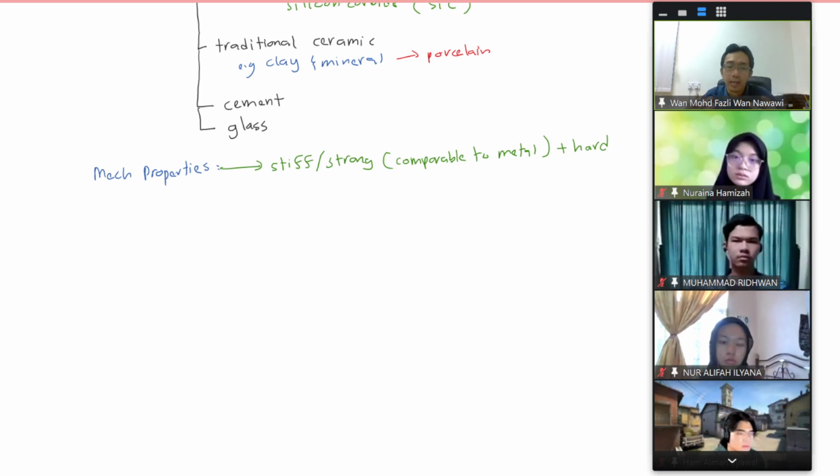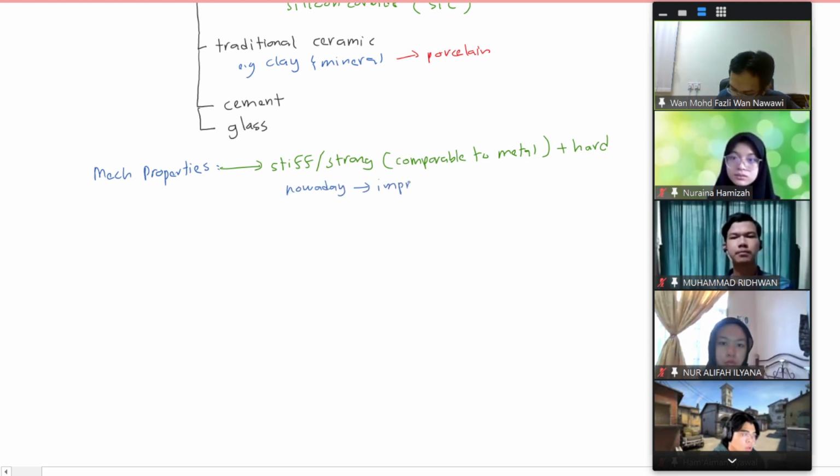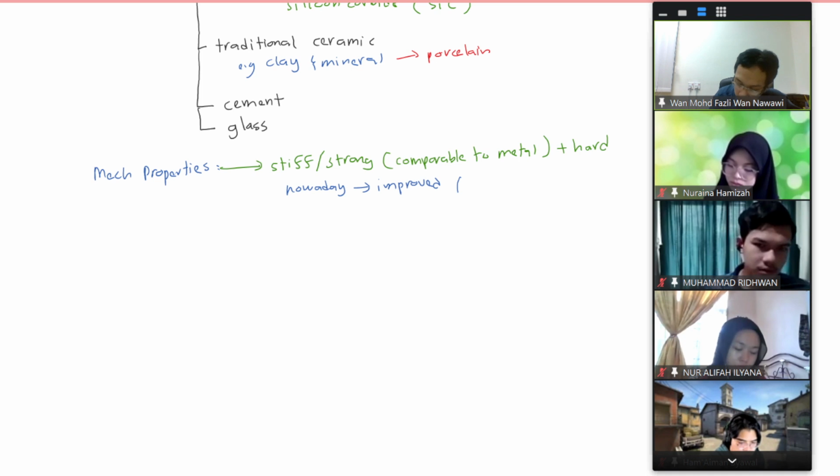So it's already engineered so that it has improved resistance to fracture. Nowadays, improved resistance to fracture.